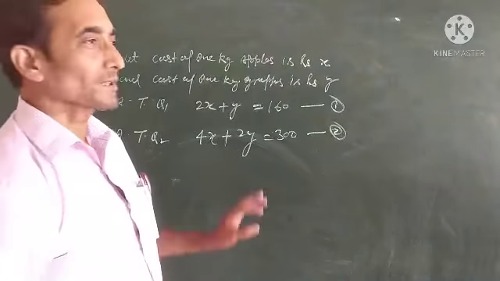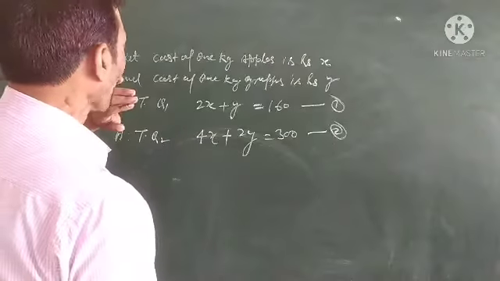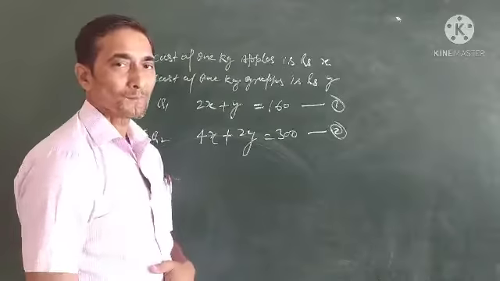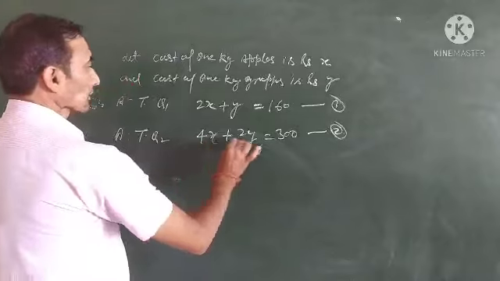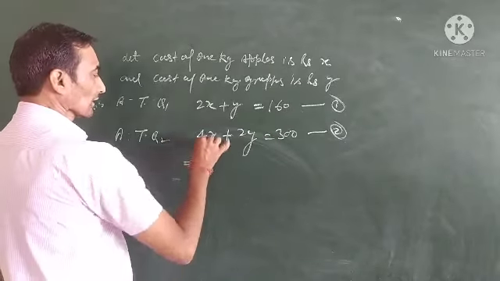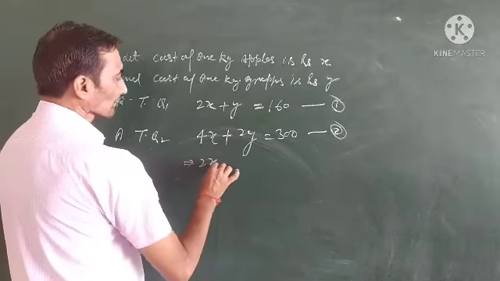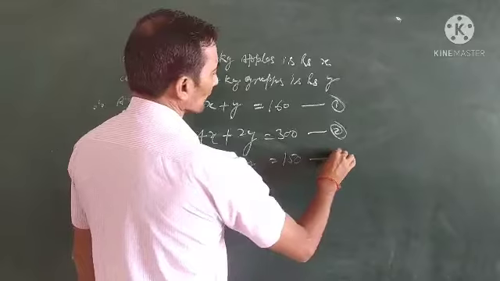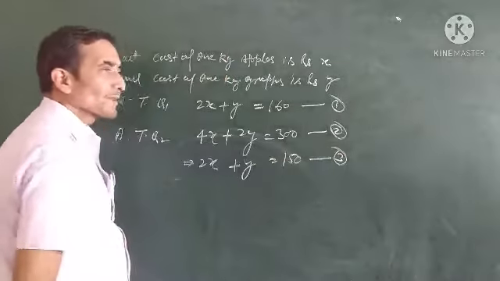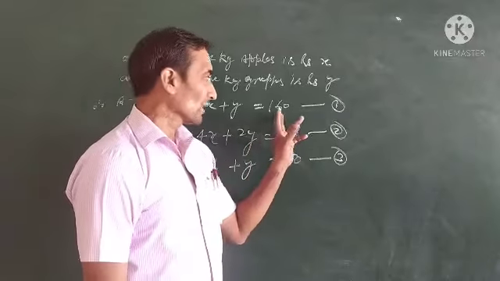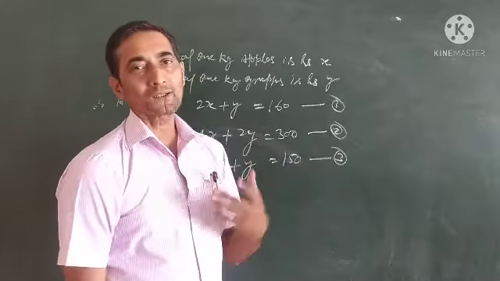Question number 3 has been converted into algebraic form. Equation number 2 divided by 2. This equation can also be written in this form: 2x plus y equal to 150. Now our work is to represent these two equations on the graph paper.